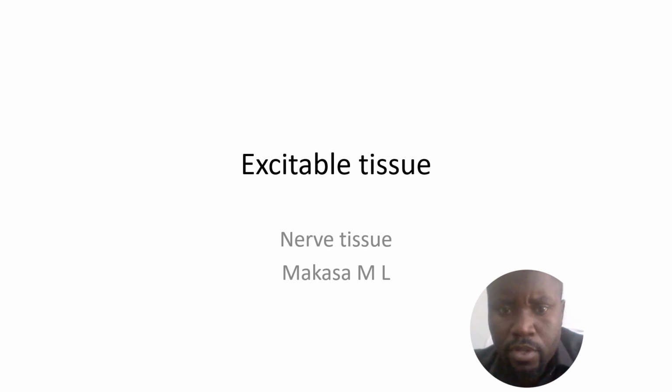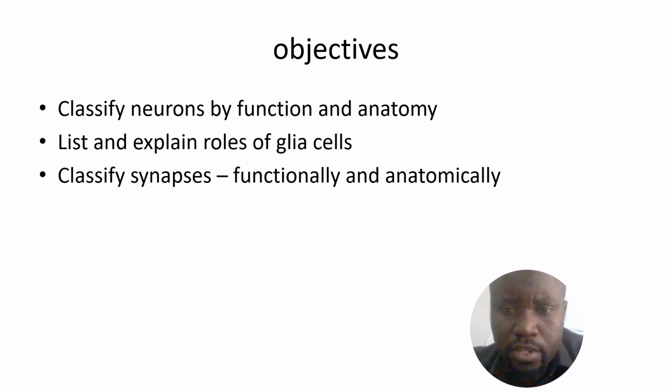We begin by looking at the objectives. Basically, at this level, all we want you to do as a student is to be able to classify neurons by their function and their anatomy in terms of the histology.